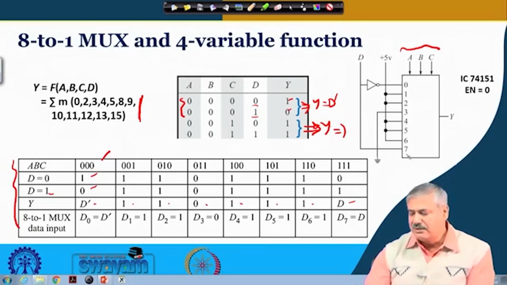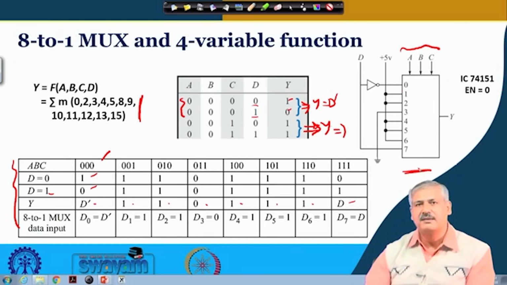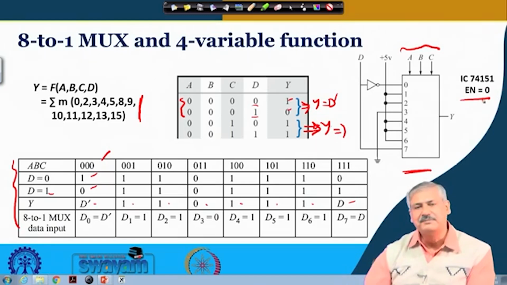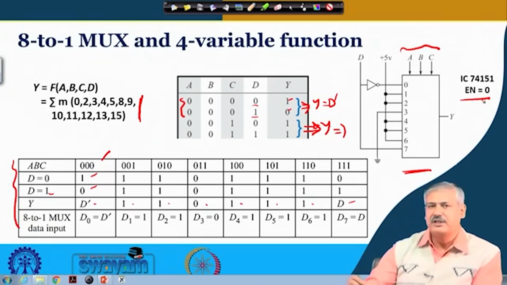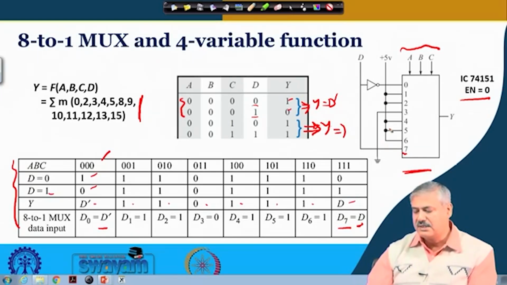Then your corresponding realization using IC 74151 with enable as 0, and we are taking the non-inverting output. Then for 0 you are putting D prime, and for 7, ABC 111, you are putting D, D7 as D, and rest of the cases you are putting zeros and ones as per the requirement.